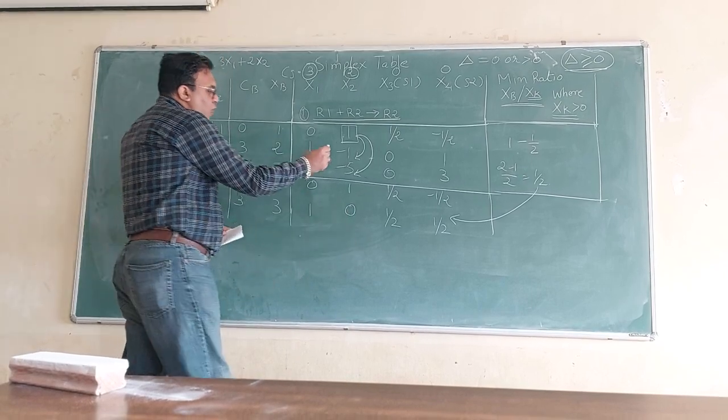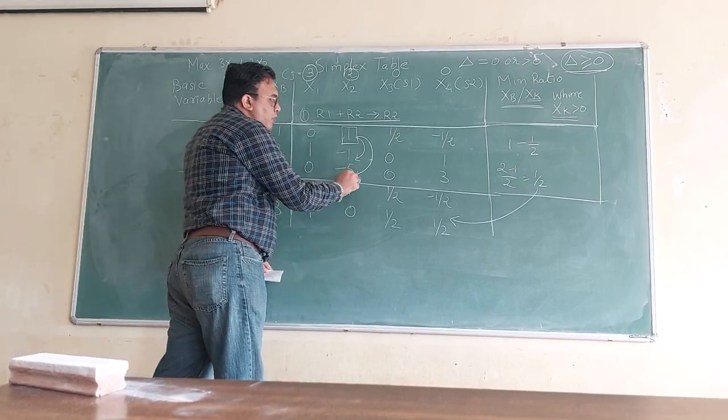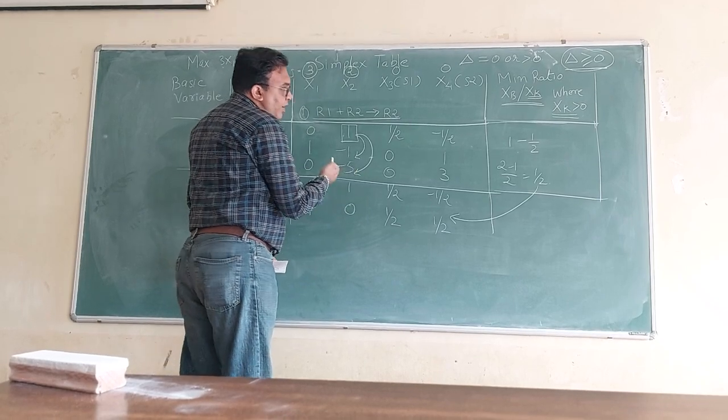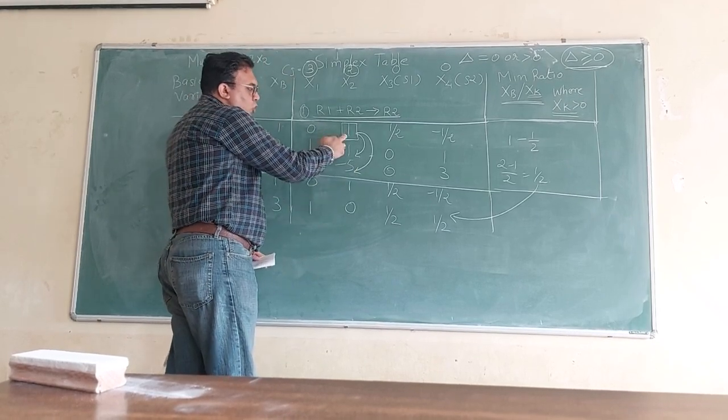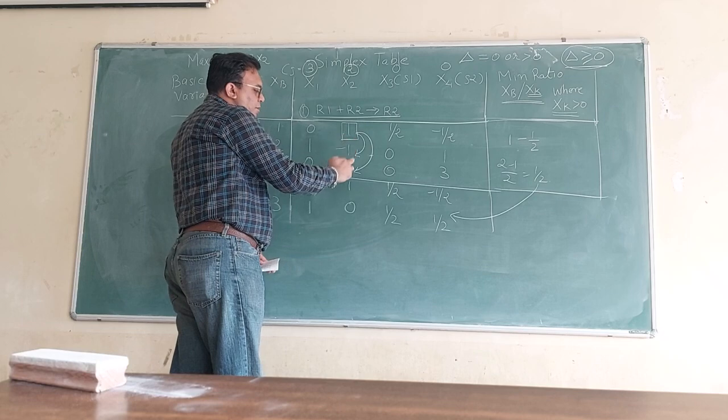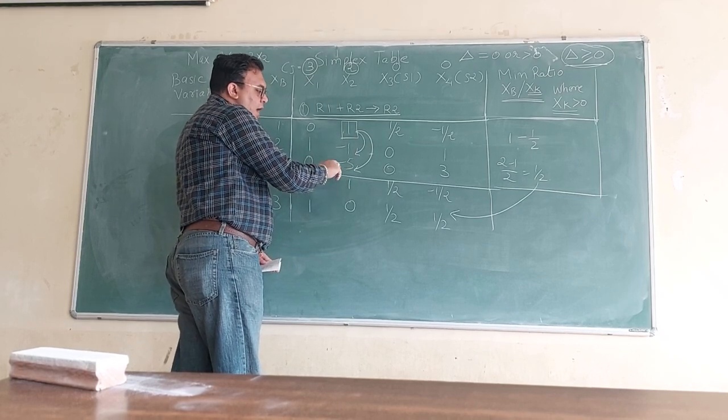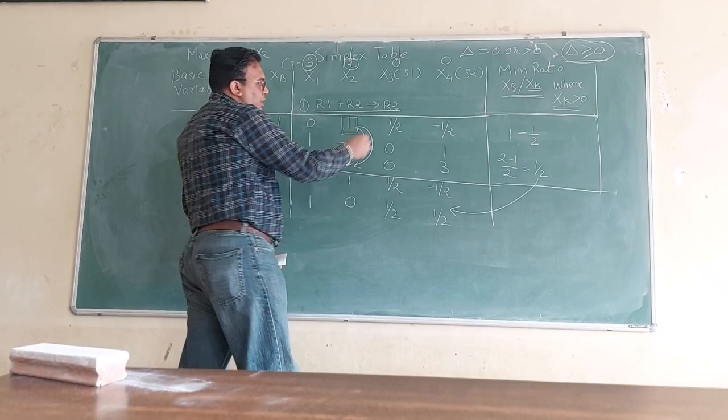Now this element we have to convert into 0. So for this, what do we have to apply? Row number 1 is multiplied by 5 and added to row number 3.